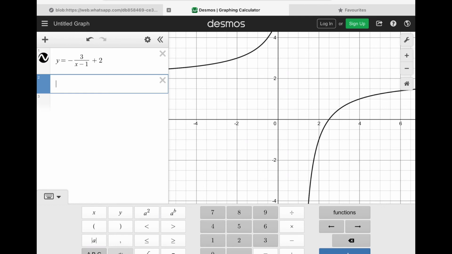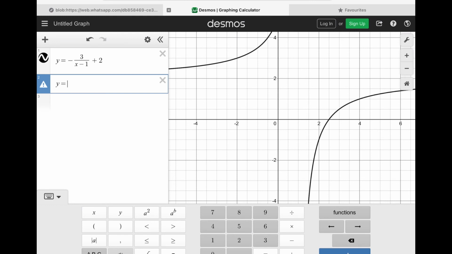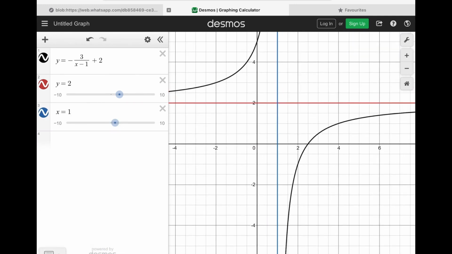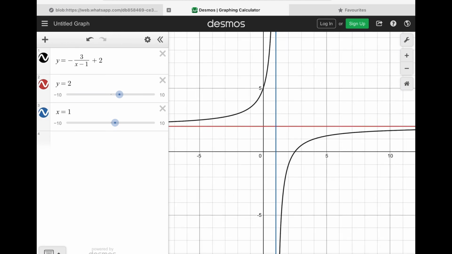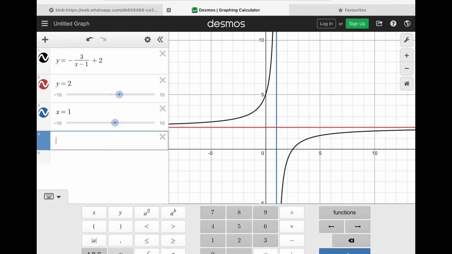We can add our asymptotes. You have y is equal to 2, and we have x is equal to 1. These are our asymptotes. In the previous question, we found the axis of symmetry to be y equals negative x plus 3. The axis of symmetry is a line that bisects the graph.